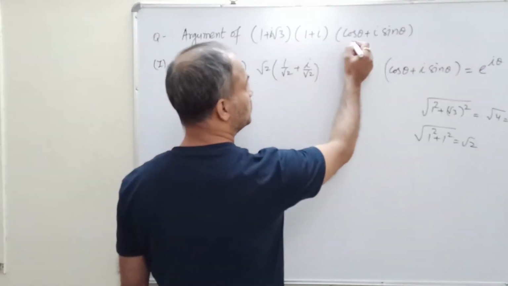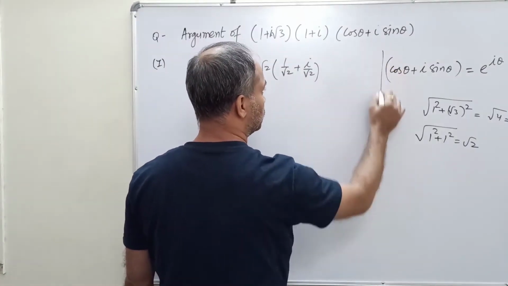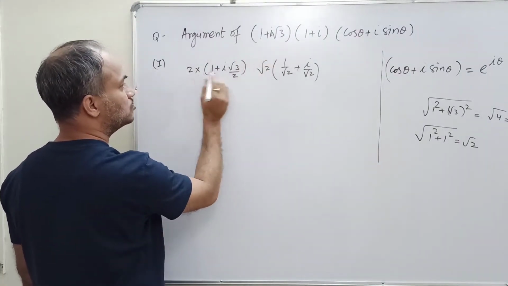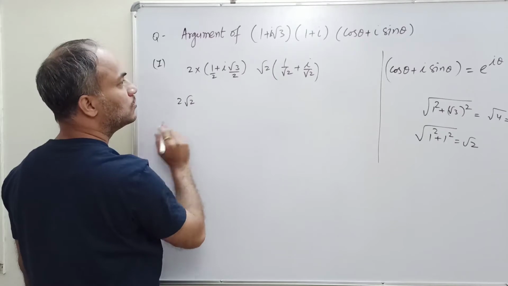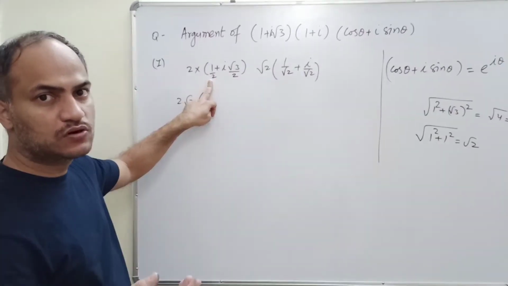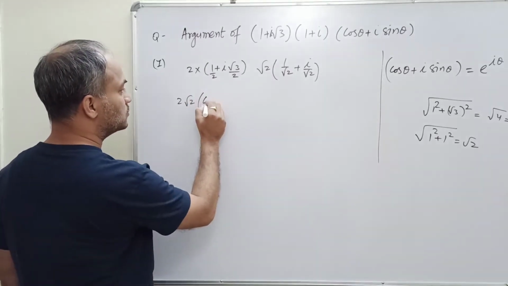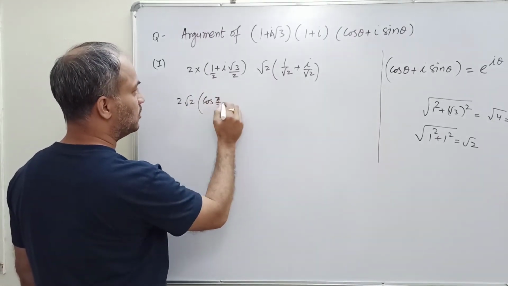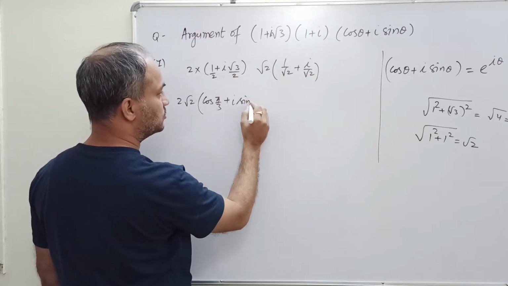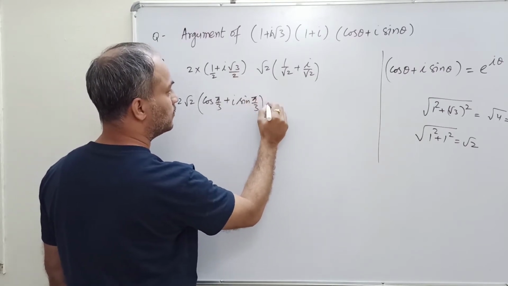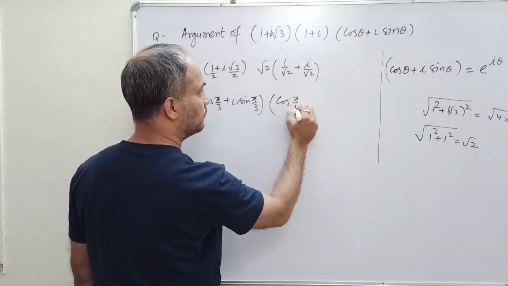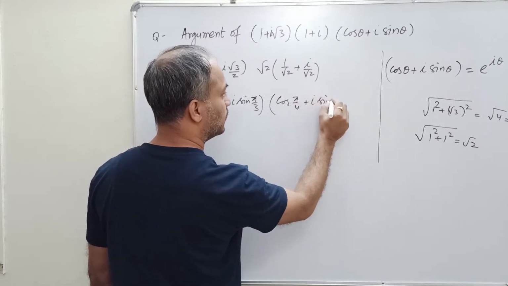Now this term is the same, no change in this. So for these two terms, let us see what happens. So 2 and root 2, and this is 1 upon 2 and root 3 by 2. We know cos 60 is 1 upon 2. So this is cos 60, that is pi by 3, plus i sin 60, so sin pi by 3, and this is cos 45 and i sin 45.